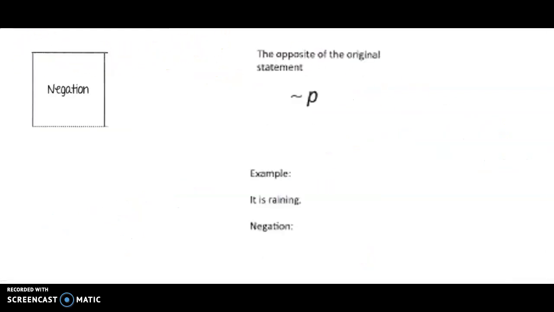All right, I know I've kind of already done an example of this. I should have done this before I did the contrapositive, but I didn't, and I apologize. So let's go to the negation tab. If you flip the negation tab down, you should get this right here under it. So the opposite of a statement is, and this is said, not P. This little squiggly is a not.